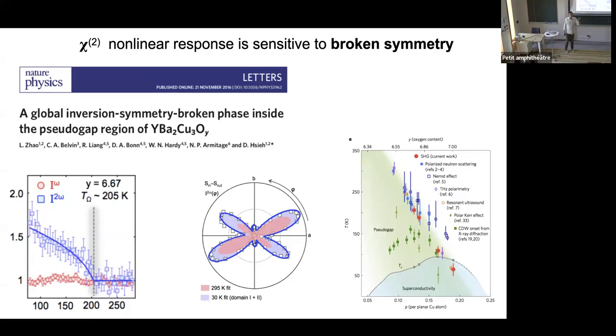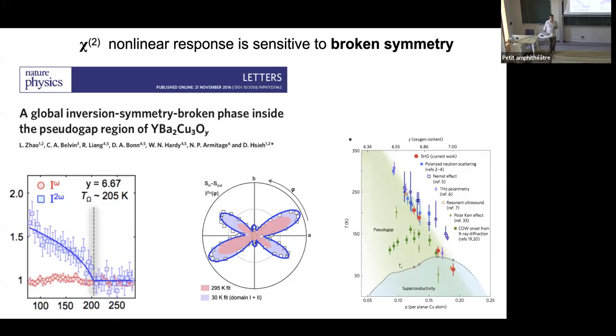There's a long-term debate about the pseudogap in cuprates. There's this low energy gapping phenomenon that nobody really quite understands. Is it a crossover phenomenon, or is it a real line of broken symmetry states? What this shows is that it's a real line of broken symmetry states, because the signal is essentially zero above and finite below, and the onset is right along a line where spectroscopic evidence indicates that the pseudogap shows up.